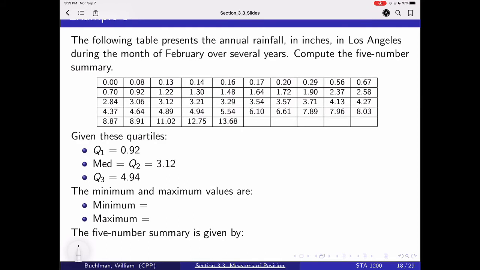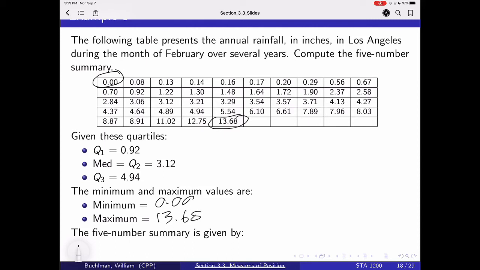Example 5, we're back to our Los Angeles data set for rainfall. So we already know that Q1 is 0.92. We know the median is 3.12 and Q3 was 4.94. The minimum of the data set we can see is right here, which is 0.00. The maximum of the data set we can see is right here, which is 13.68.